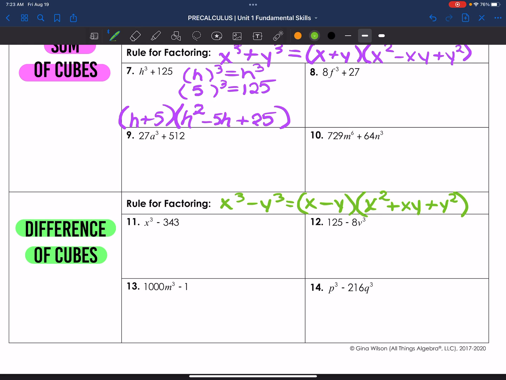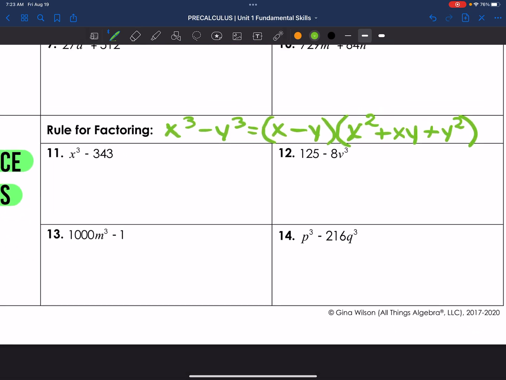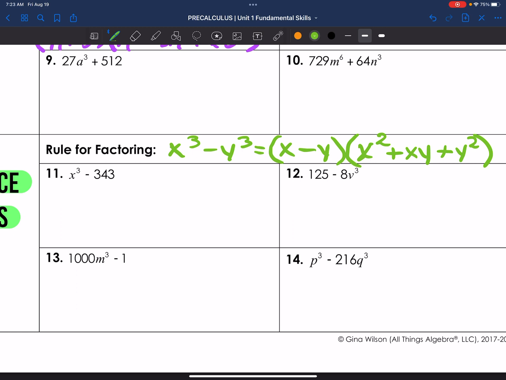So in this case for 11, let me zoom in here a little bit. Let's pick our values out very carefully. We have something cubed equaling x cubed. What cubed gives us x cubed? That's going to be x. And then we have another something cubed which equals 343.